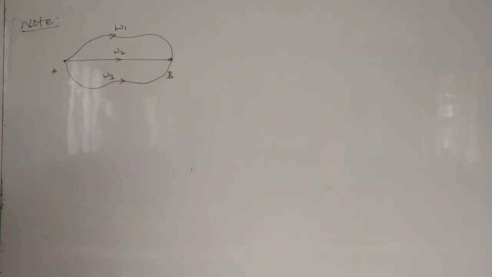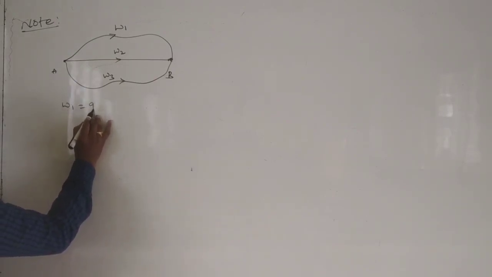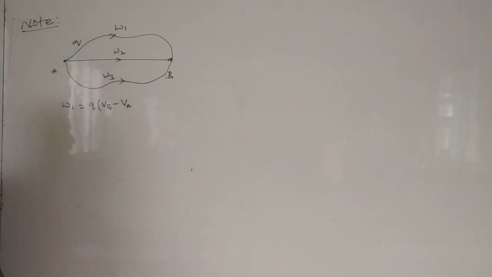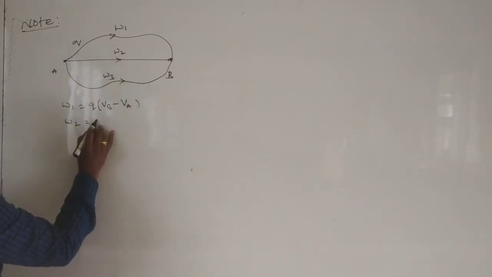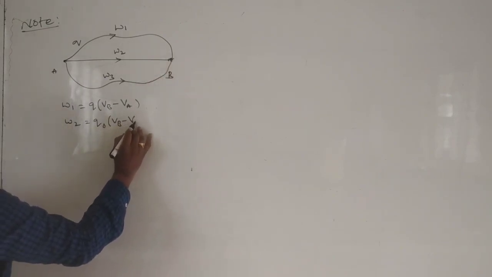Now suppose we traveled along the W1 path, we are moving the charge Q, so work done is Q into VB minus VA. Now if you travel along this path, here also Q into final potential VB minus VA.